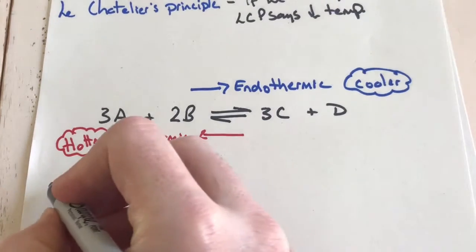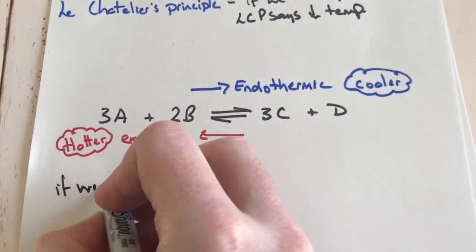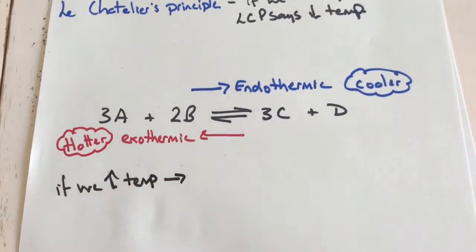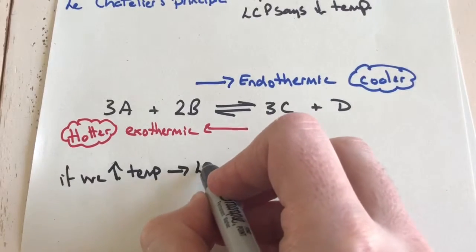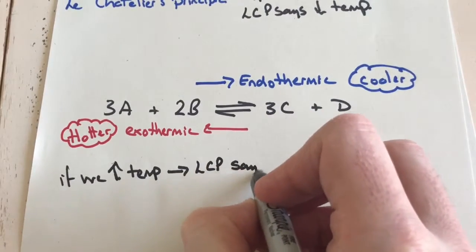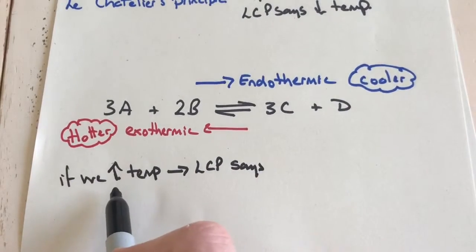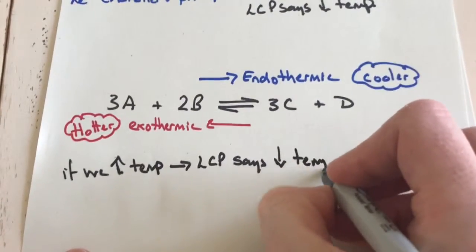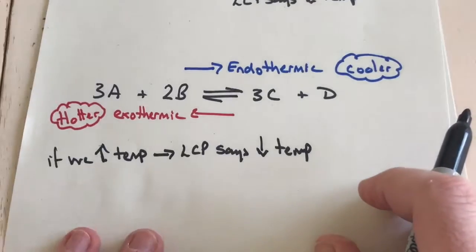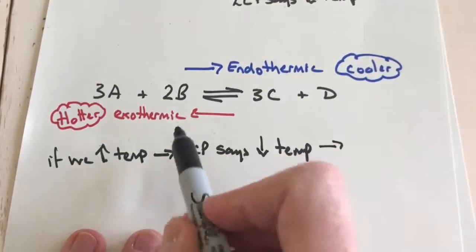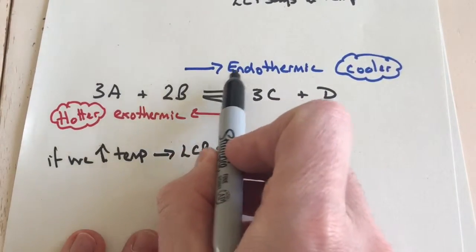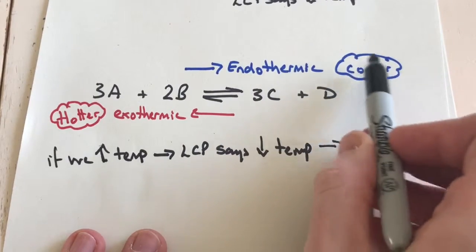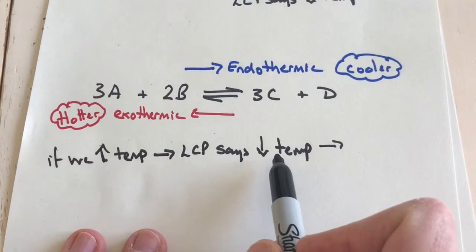So let's give ourselves a change of condition. In this example, if we increase the temperature, then LCP, Le Chatelier's principle, says that the reaction is going to oppose this and do the opposite. It's going to lower the temperature. Which way is it going to move to lower the temperature? Go back to your equation. The equation tells us that the forward direction is endothermic. It's going to make it become cooler. So that's how it would lower the temperature.